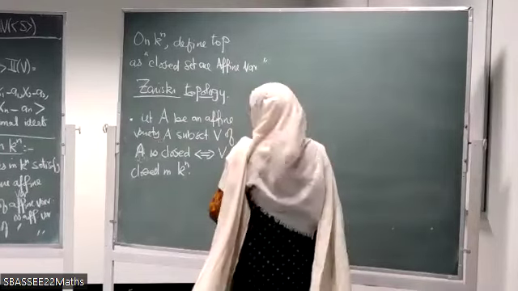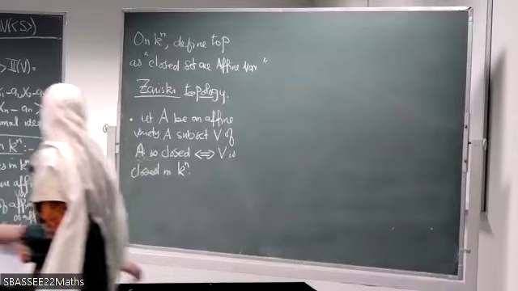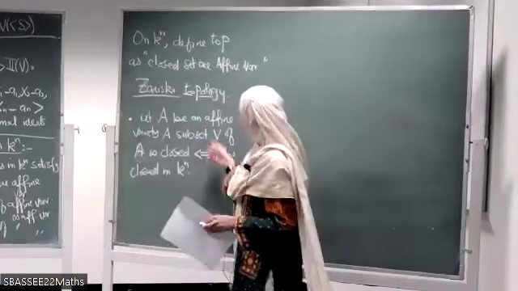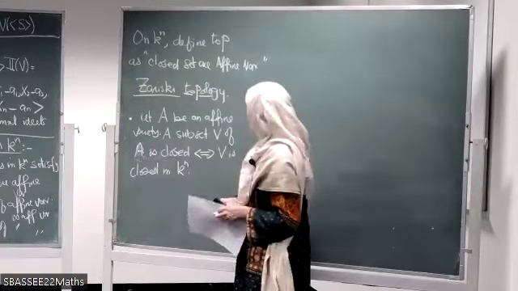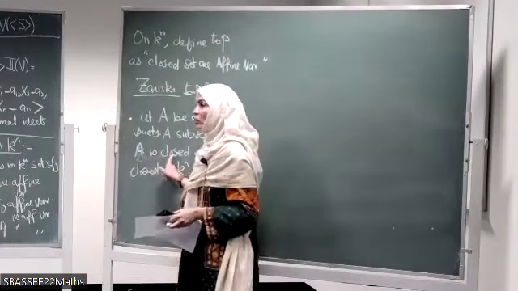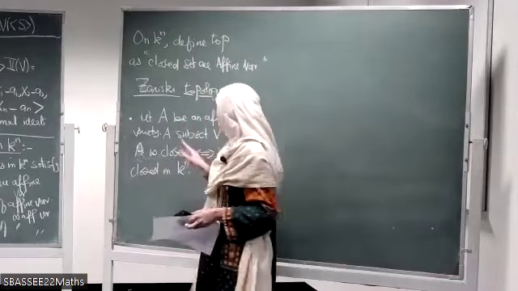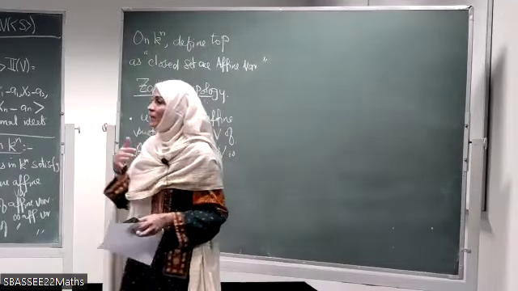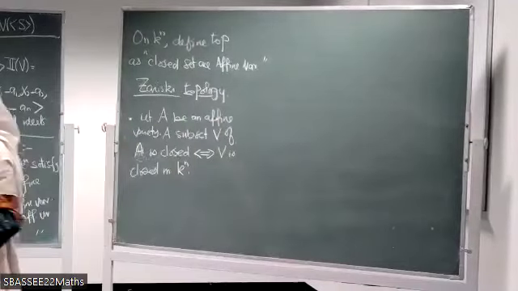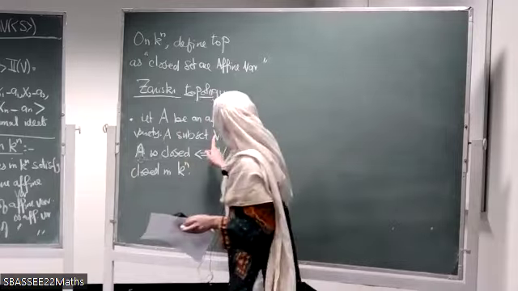Sorry, I didn't get this point. Let A be an affine variety. A subset V of A is closed if and only if V itself is closed in K^n, which means V is the zero set of some polynomials. And what will be in that?